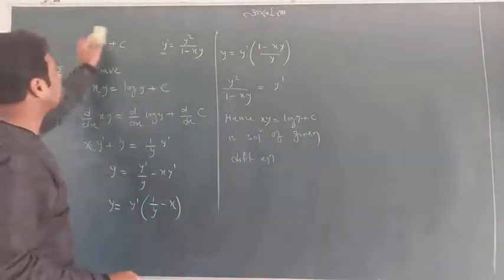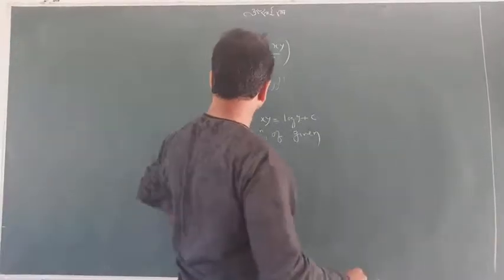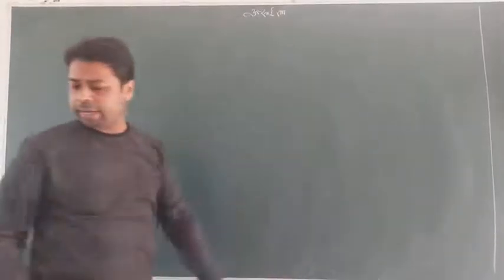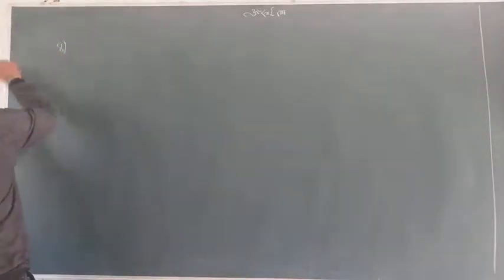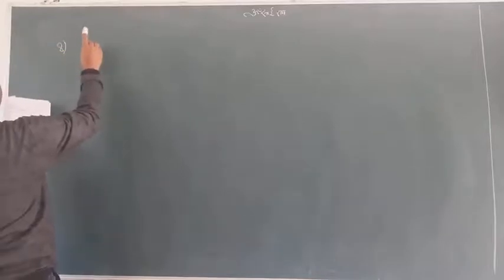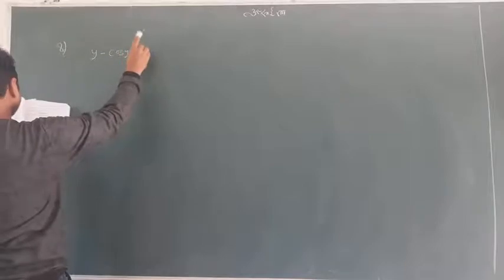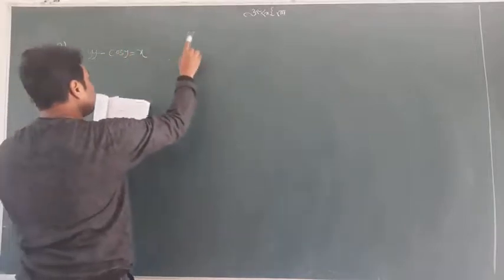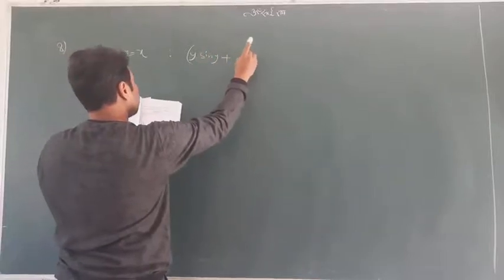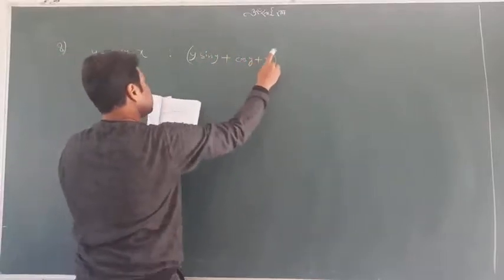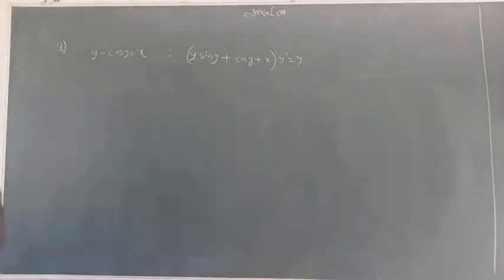Now let me wrap up the 7th one. Let me put some more questions. I'll take the 8th one here. Look at the 8th question: y - cos y = x, and we are given this side: y sin y + cos y + x y' = y.